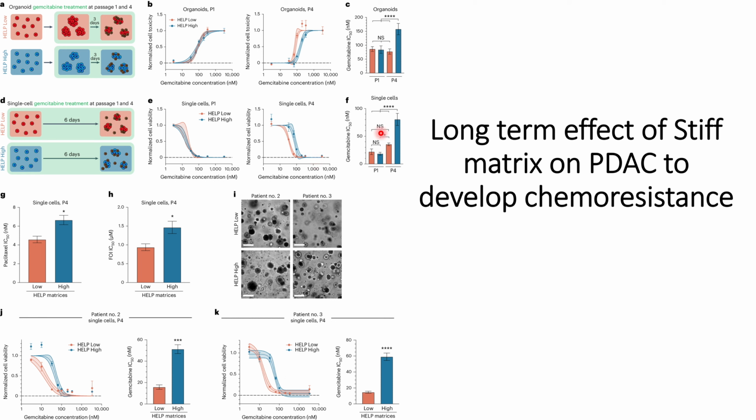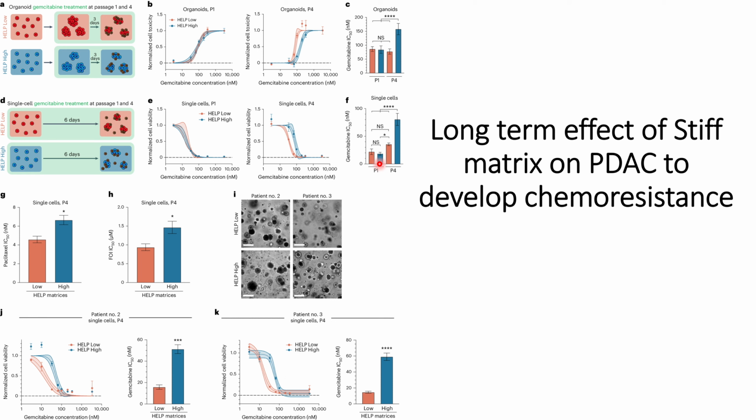The quantifications are shown in panel F, where we can see that in the case of passage 4 in the HELP high conditions, the IC50 values are statistically significant compared to the other 4 cases. In the case of HELP low at passage 4, the difference is not statistically significant compared to HELP low at passage 1, but it is significant compared to HELP high at passage 1.